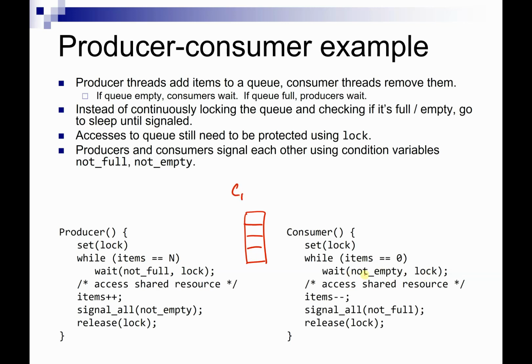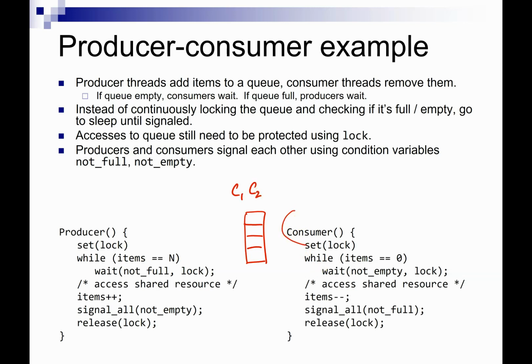He's waiting for this queue to become non-empty, but it's currently empty, so this consumer thread needs to wait. The way this consumer thread executed was that he first set the lock. He checked whether the queue is empty. It is empty, so he gives up the lock. So now when consumer 1 is waiting, the lock is actually free. Because the lock is free, you could have another consumer come over here.